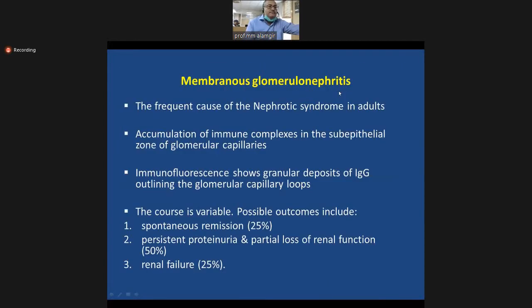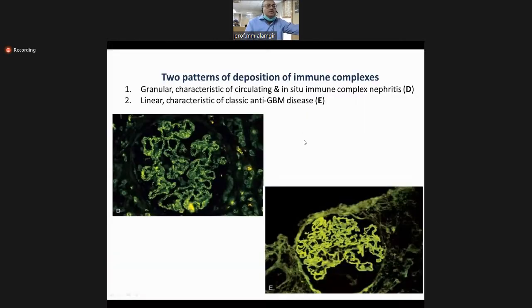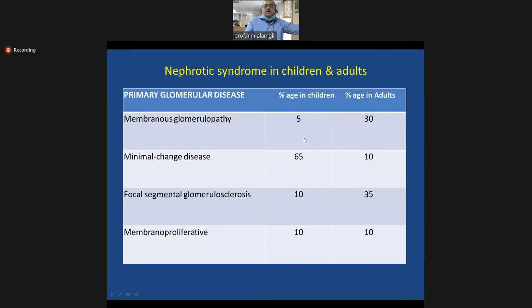Here you can see that the main proportion of nephrotic syndrome in adults is caused by focal segmental glomerulosclerosis.